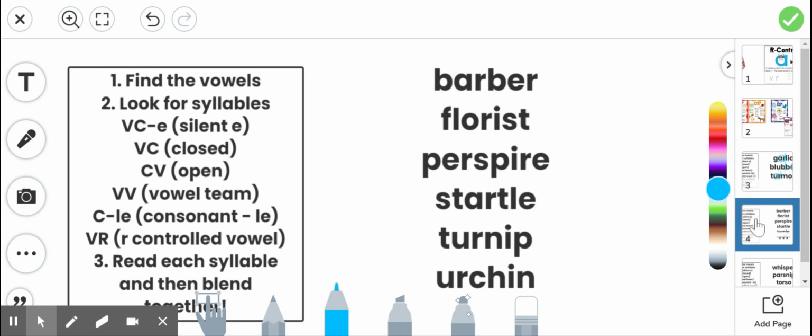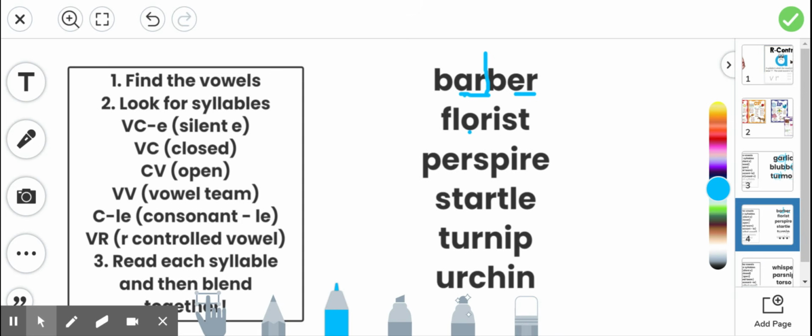Let's try some more. Again, start with my vowels, and I notice we have AR and we have ER. So we have two R-controlled vowels. One consonant in between, so I'm going to separate right after the R. I have bar, burr, barber.